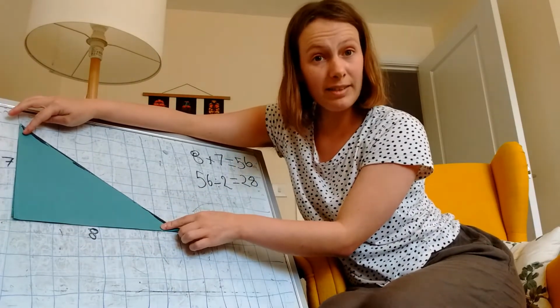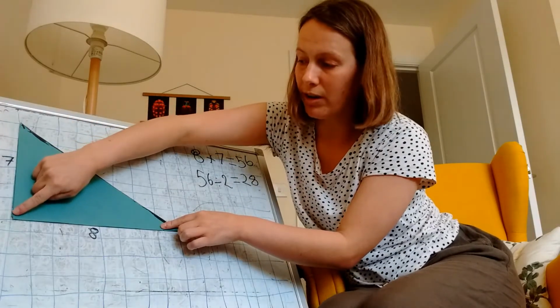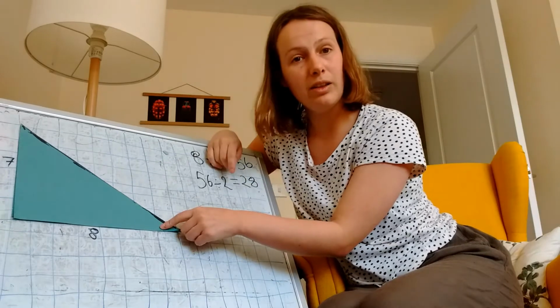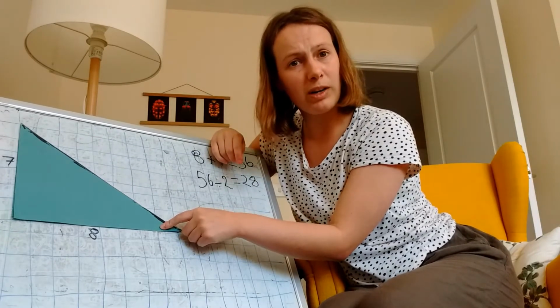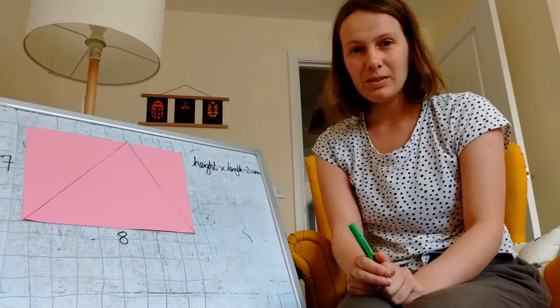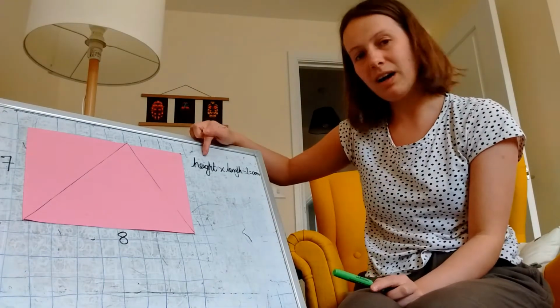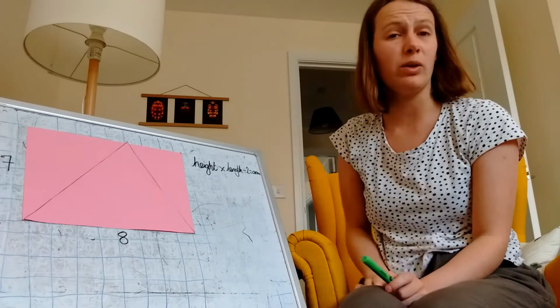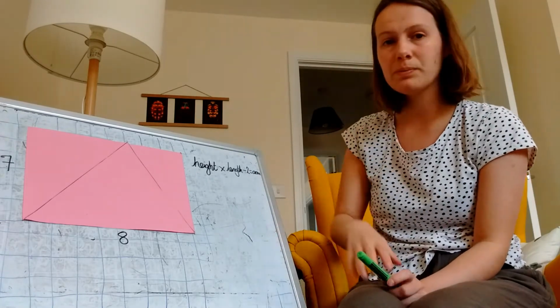Now that's pretty easy to get your head round with triangles that have this right angle in the corner, that have that 90-degree angle in the corner. But in order to show that this works with other triangles, we need to look a bit more closely. So, we're saying height times length divided by 2 equals area for the triangle.